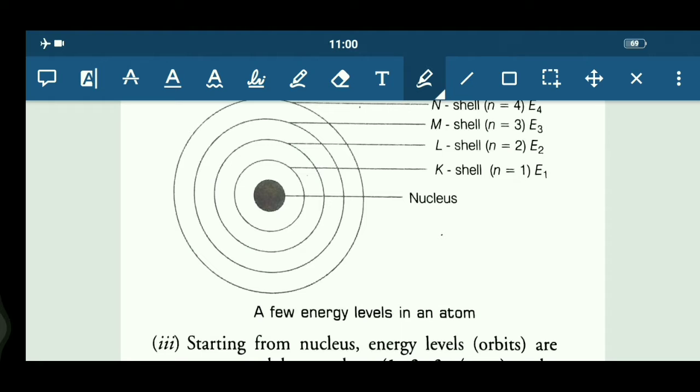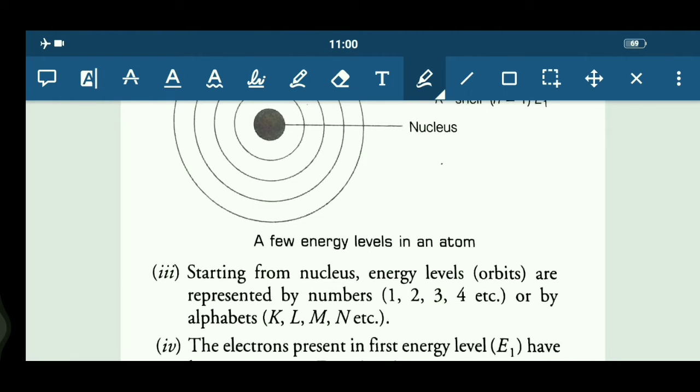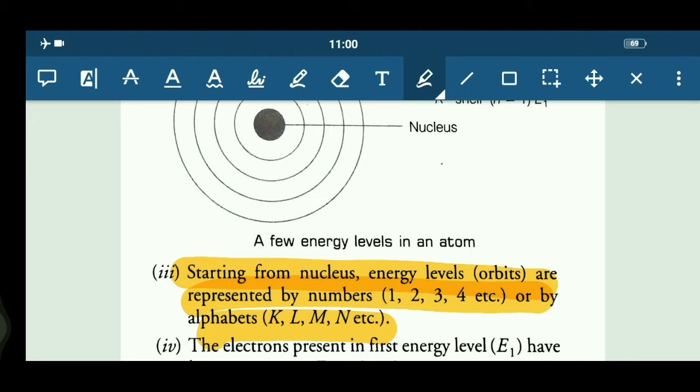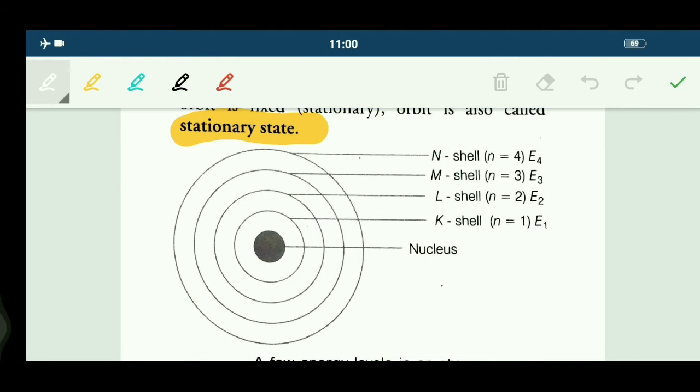So you can see here, starting from the nucleus, energy levels are represented by numbers or alphabets. These are the shells: K shell, L shell, M shell and N shell. Similarly, there are the energy levels E1, E2, E3 and E4. I hope it is clear, children.